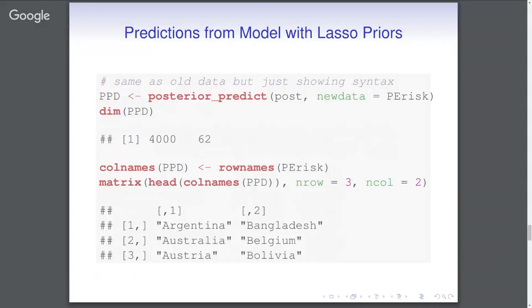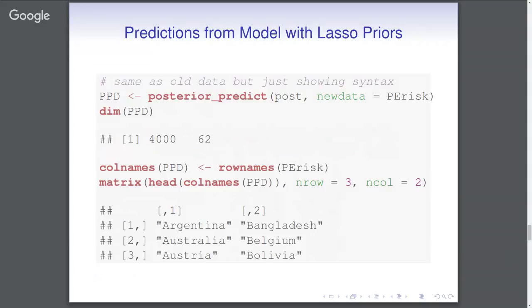You can also draw from the posterior predictive distribution. In this case, I'm using the same data that I did before, but that's just to show the new data syntax. And so now I get 4,000 draws, one for each draw I obtained from the posterior distribution. This thing has 62 columns, and that's because there were 62 countries in the original data set.